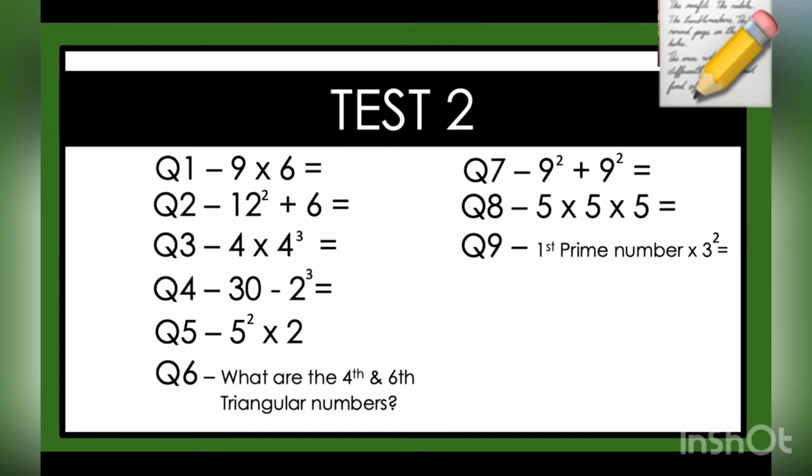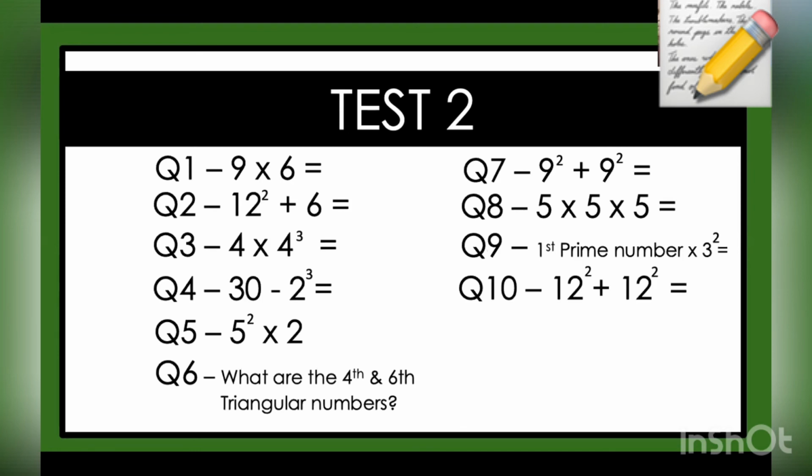Question 9, the first prime number multiplied by 3 squared. Question 10, 12 squared plus 12 squared.